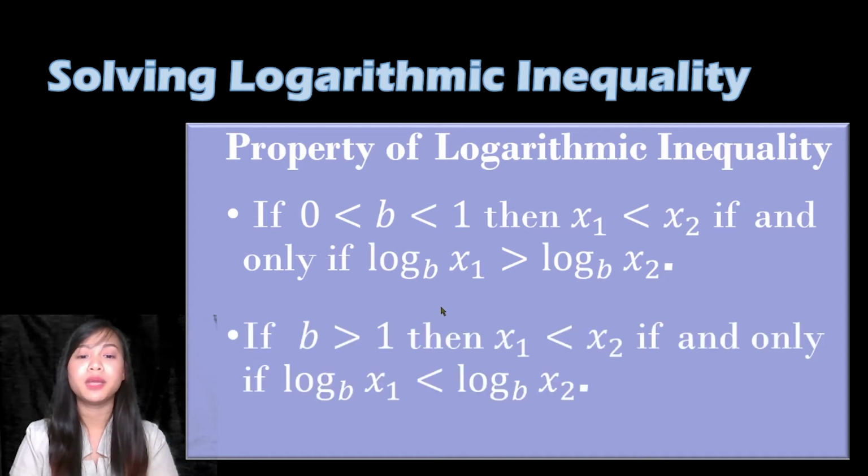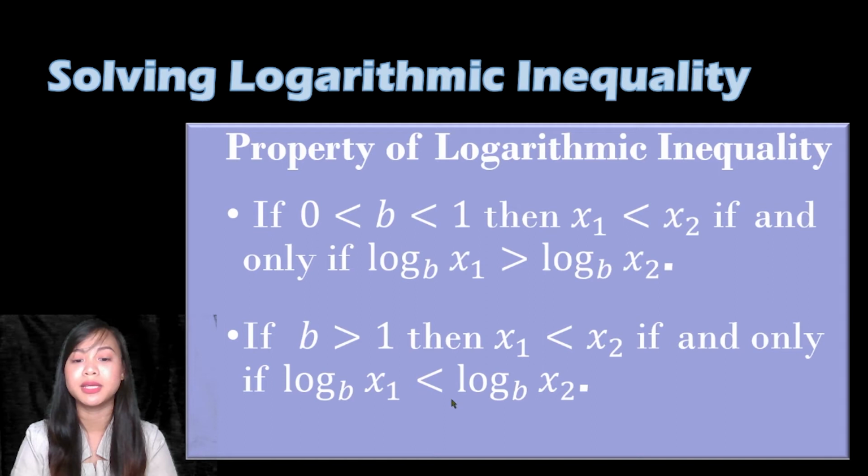Another property: if our base is greater than 1, then x sub 1 is less than x sub 2 if and only if log base b of x sub 1 is less than log base b of x sub 2.